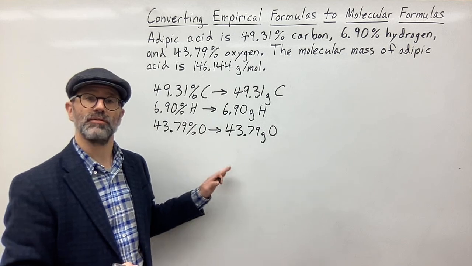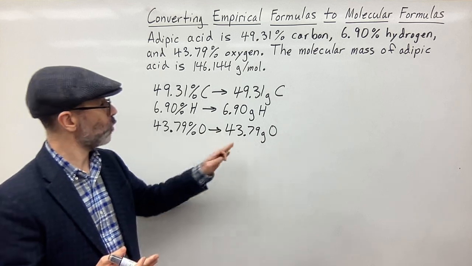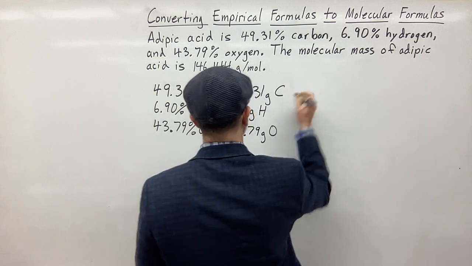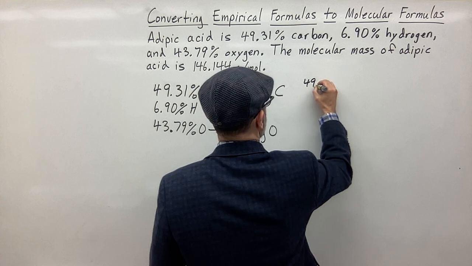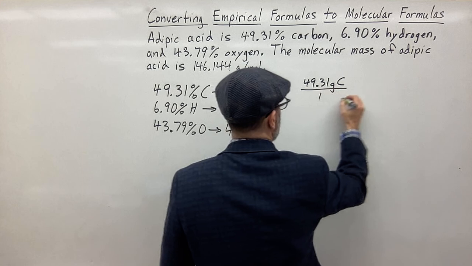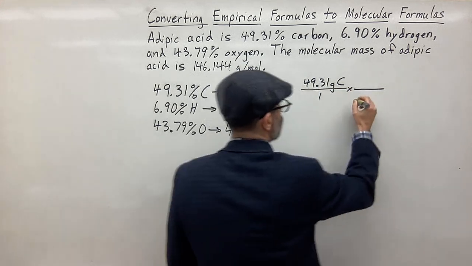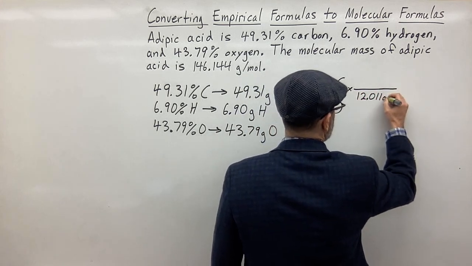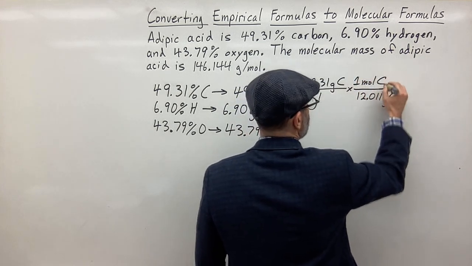The next step is to convert the grams of the elements to moles, because we need a mole ratio. So we need this to be in moles. So we're going to take the 49.31 grams of carbon over 1, and we're going to multiply that by the molar mass. So 12.011 grams of carbon on the bottom, 1 mole of carbon on top.